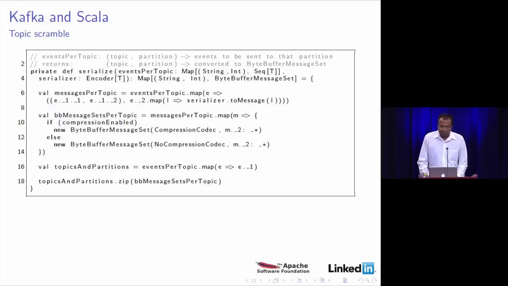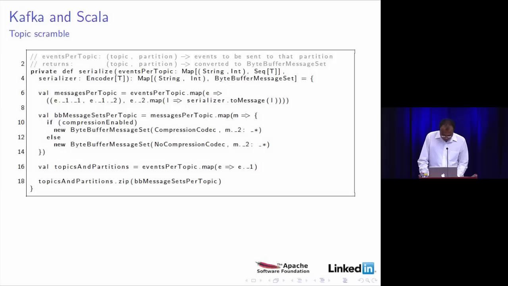So basically what this function takes is a map that is keyed by topic and partition, and the value is a list of events that need to be sent to that partition, and it returns another map which contains those events converted into a message set.